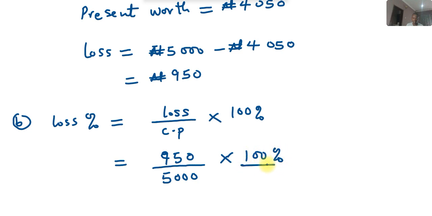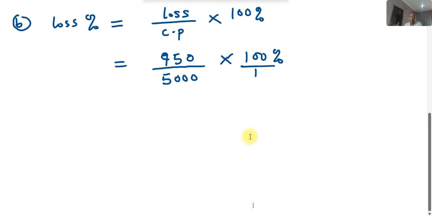Okay, so if I take out the zeros, 2 of these zeros can go from here, and this one can go from here as well. Then we have 1 zero left here, and this can also be out. So we are left with 95 divided by 5.